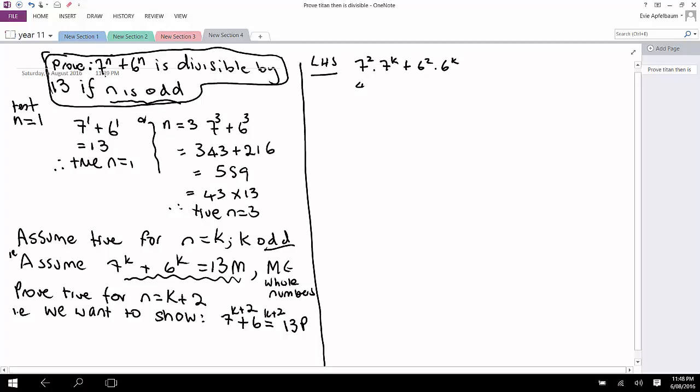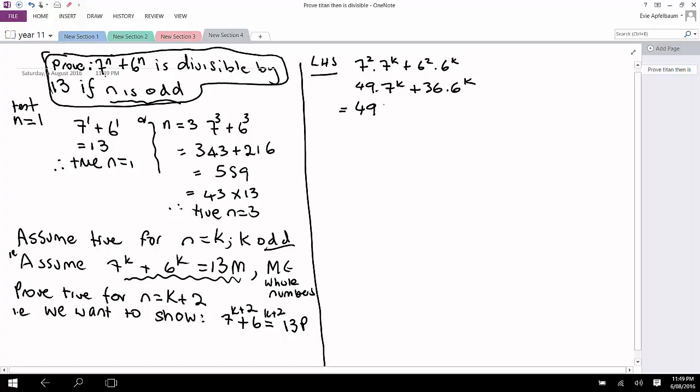Okay, that's 49 times 7 to the k plus 36 times 6 to the k. But we don't ever replace two of them. We could say that either 7 to the k is 13m minus 6 to the k, or that 6 to the k is 13m minus 7 to the k. It'll make no difference. So let's replace the first one.